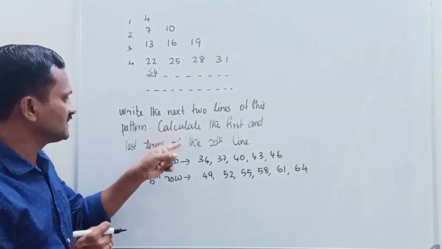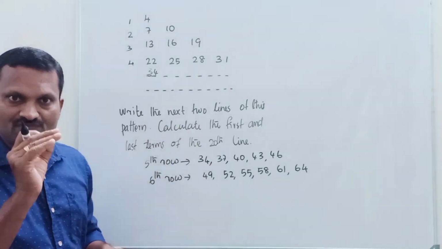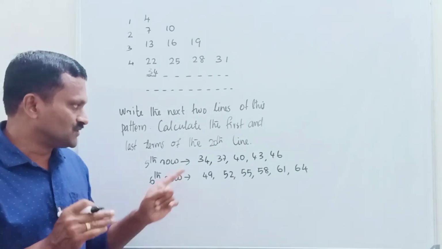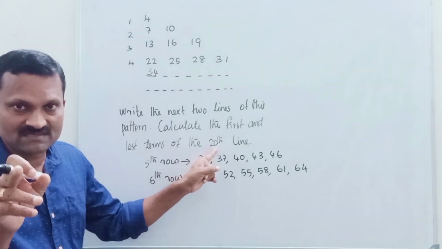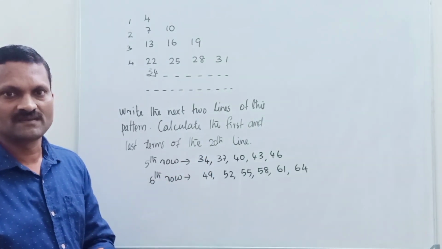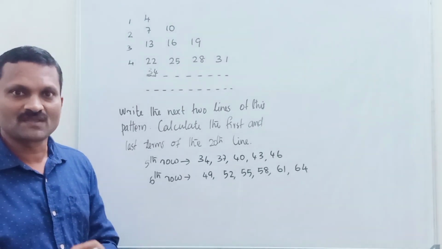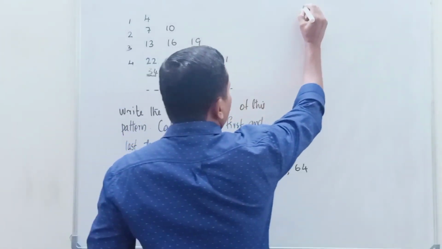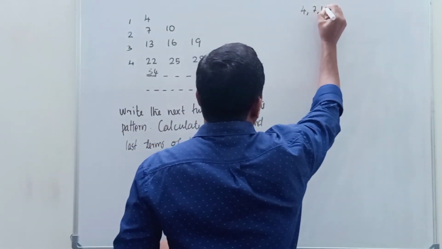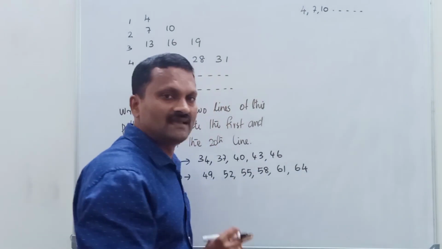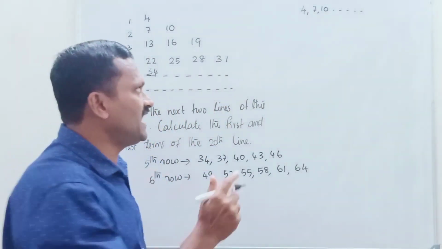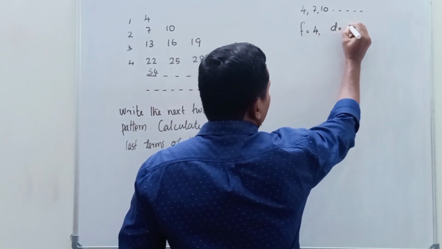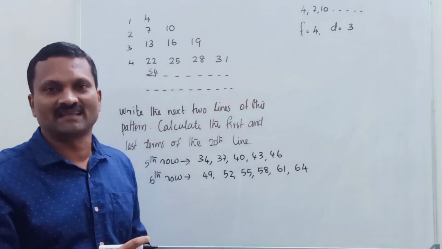Next we find the first and last number in the 20th row. We know that the 20th row contains how many numbers? There are 20 numbers. How to find these numbers? For this, we consider the numbers as a sequence. Then we got 4, 7, 10, etc. It is an arithmetic sequence, and the first term f equal to 4 and common difference d equal to 3.